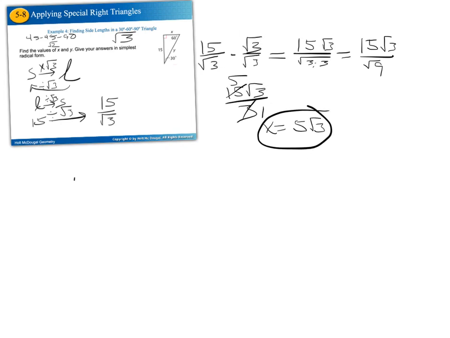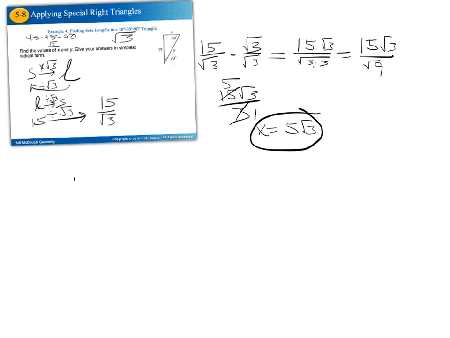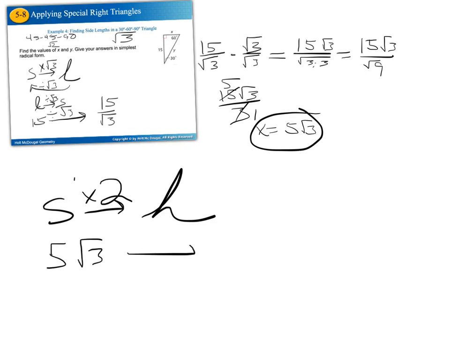That's the short side, where x is. Now, to get from the short side to the hypotenuse, the rule was just double it. So if this is 5 square root of 3, I have to double it to get the hypotenuse. So I'm going to take 2 times 5 square root of 3.